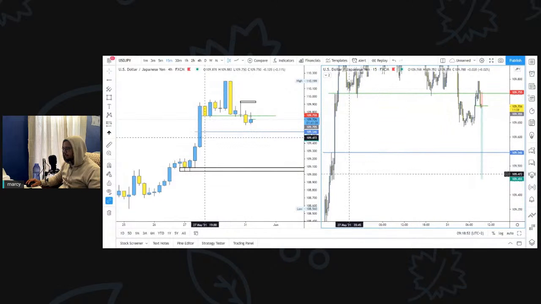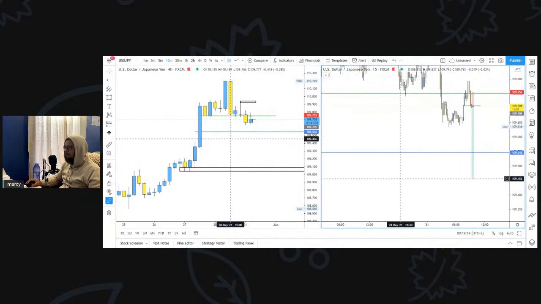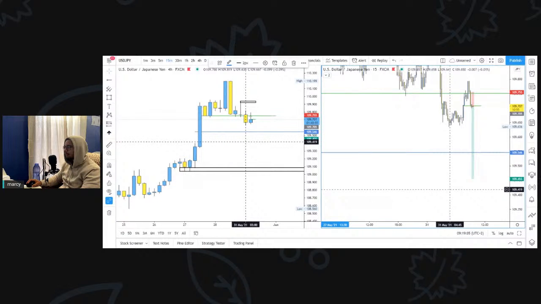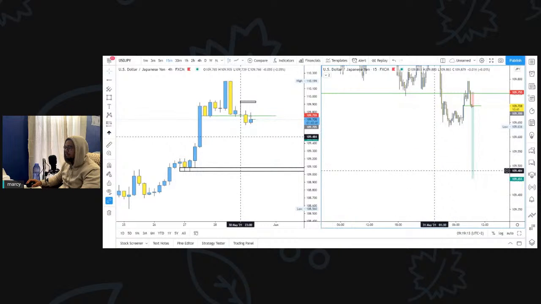And then afterwards, you can see in and around here, that's where price could then go. I certainly hope I can get into this trade. This will be a lovely trade if we can get in.